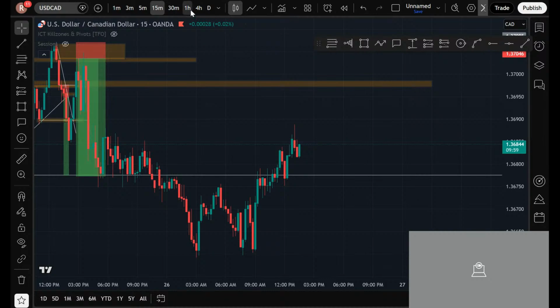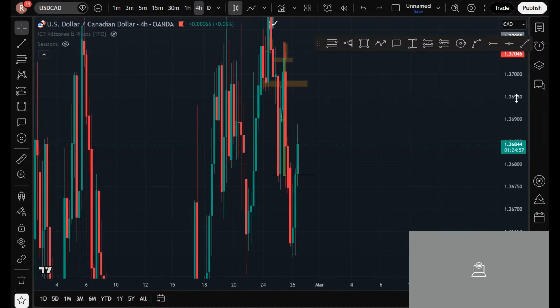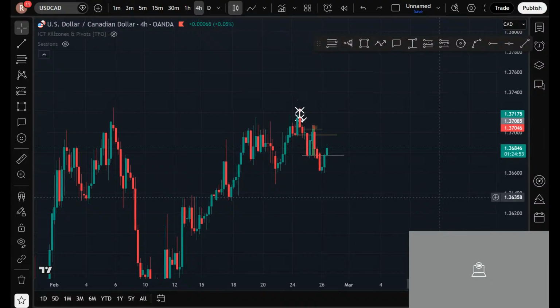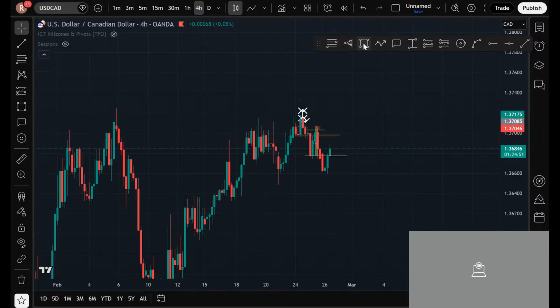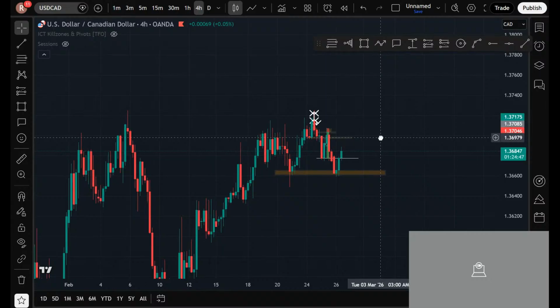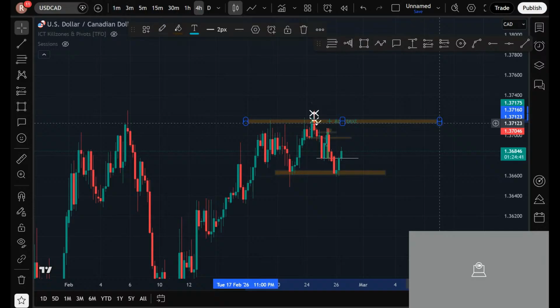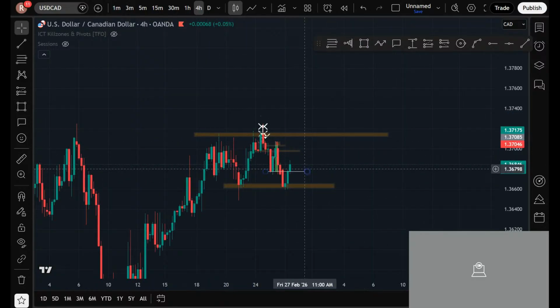This looks good to me, but it has bounced from support area, so it can come up to this area. It's a ranging area, so I can't take a sell from this area thinking this candle will close bearish.